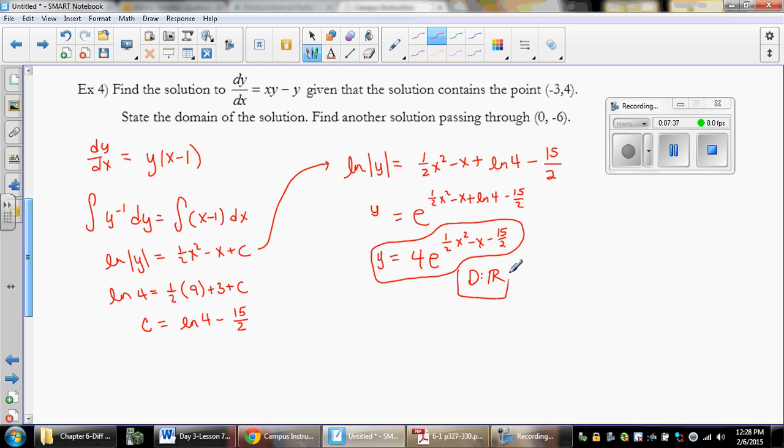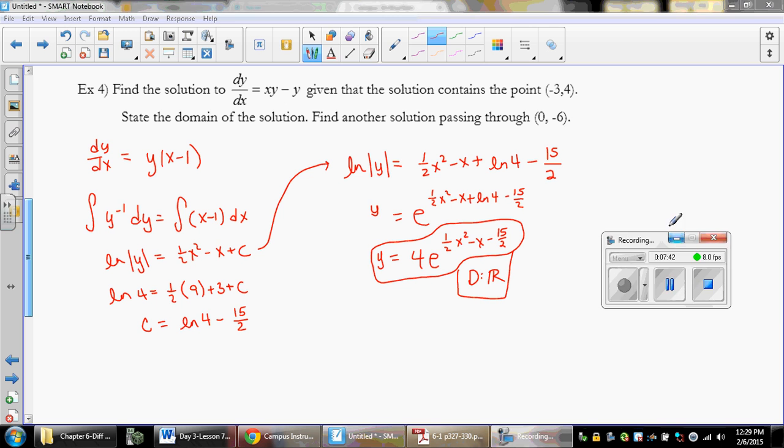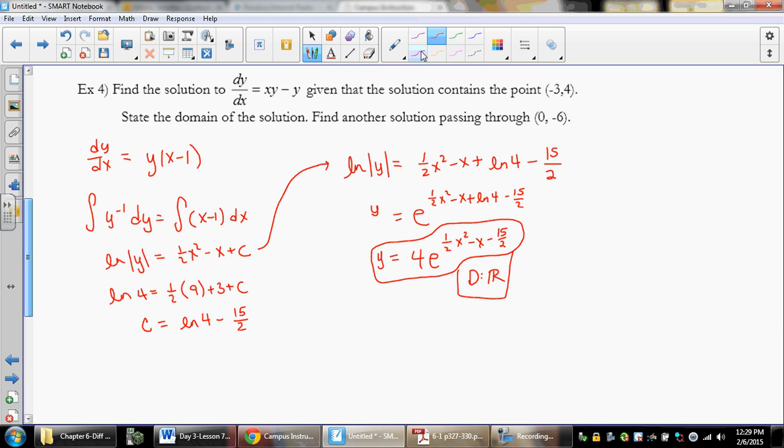Okay? Now, the next question asks, what if it passed through 0, negative 6? So if it passed through 0, negative 6, I'm going to do that over here. I would have had ln absolute value of y equals 1 half x squared minus x plus c. I'm pulling that from right here. So then I'd plug 0 and negative 6 in.